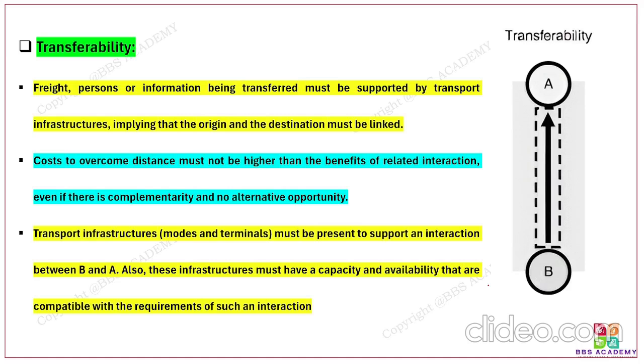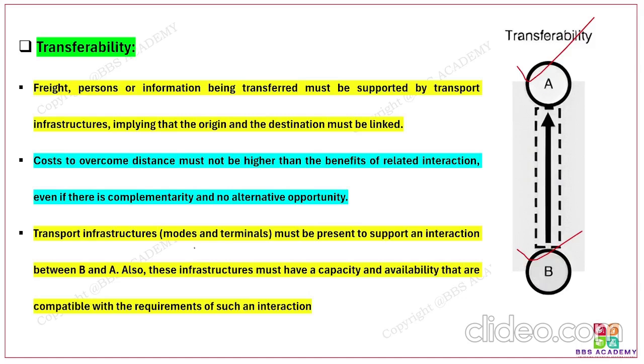In this graph, there are two locations A and B. If A and B are in a transferability relation, then the transport infrastructure between the two locations supports the product mobility. The transport cost should not be higher than the benefit of the related interaction, and there is no other location offering alternative opportunities.